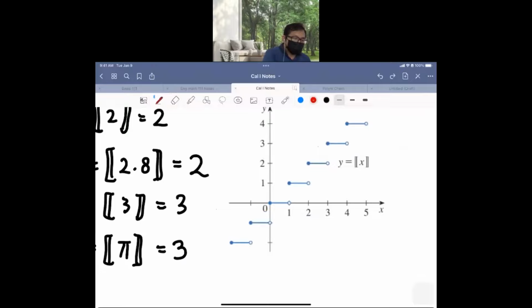We get 0, and every time we move toward 1, it's still 0, up until 1. But when it's 1, we move up to this point. Then 1.1, 1.2 is still the same, we take the largest integer, up until nearby 2. But when we have 2, we get another one here, and it goes all the way. The same thing happens on the negative part.